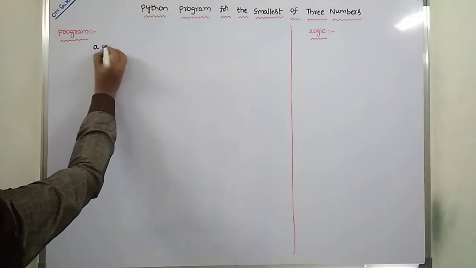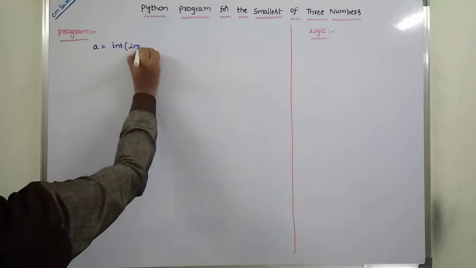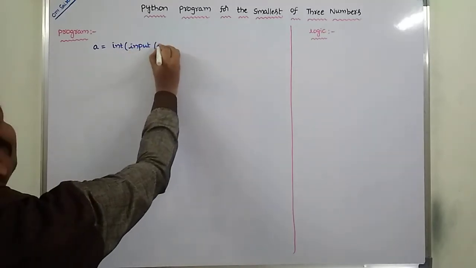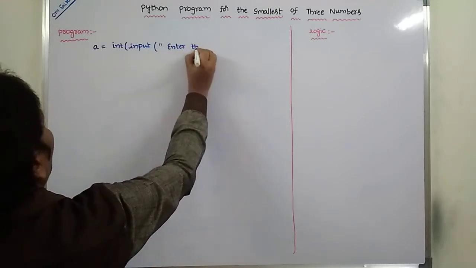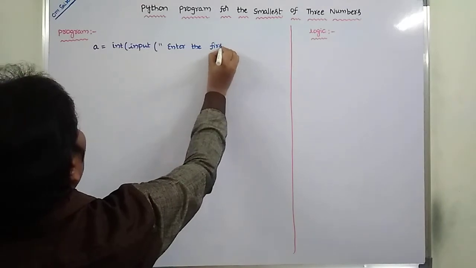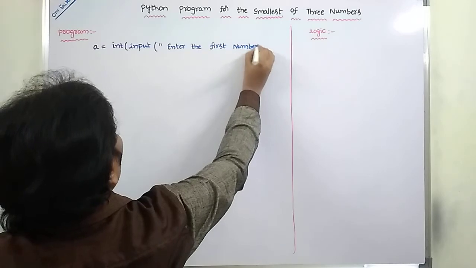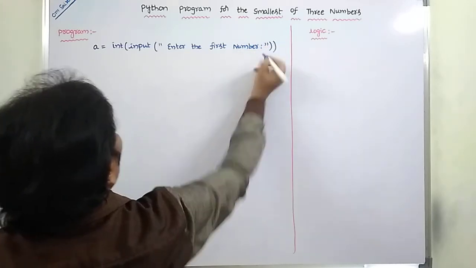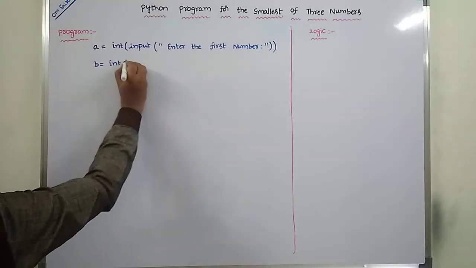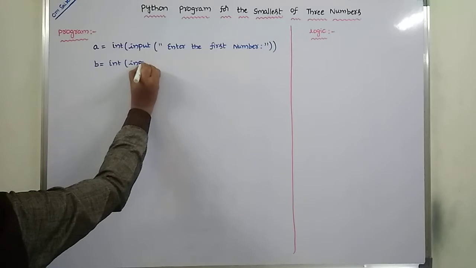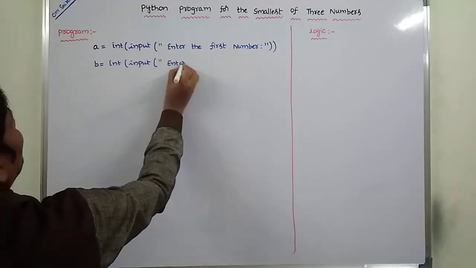So here, a is equal to int of input of "enter the first number". Next, b is equal to int of input of "enter the second number".